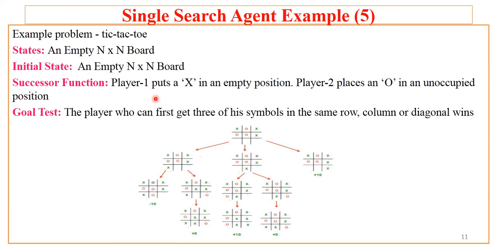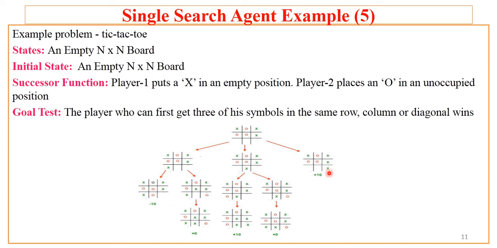Now this same thing can be represented as a state space, which is represented here diagrammatically. For example, the current scenario of the game is like the cross player has made 3 crosses and the not player has made 3 knots in 3 different unoccupied cell positions.